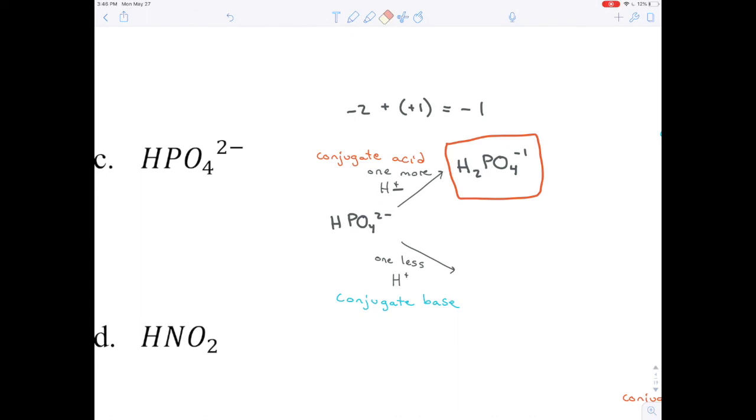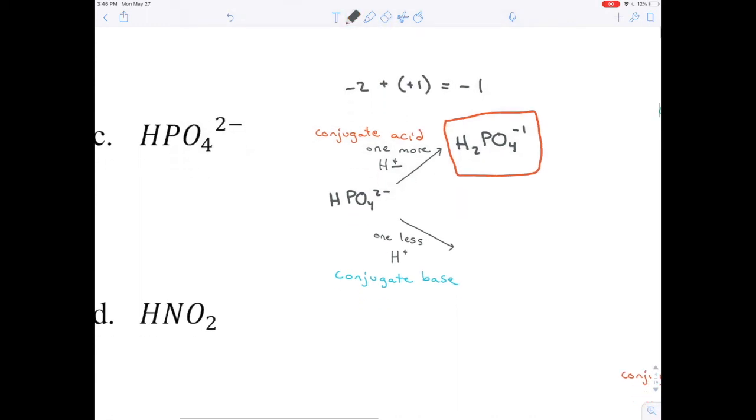Now let's see if we can draw the conjugate base. So the first thing we'd want to do is remove an H, and then we're going to remove a +1 from the charge. HPO4 has only one H in it, because there's nothing written at the bottom right of the H, so it's an implied 1. If we take one H away, it only had one to begin with, so now no H's will be there, and we'll just be left with PO4. So much for the H's. Now let's think about the plus sign.